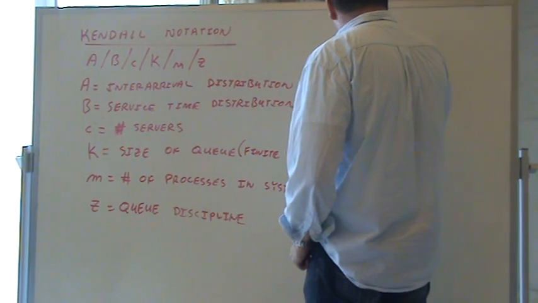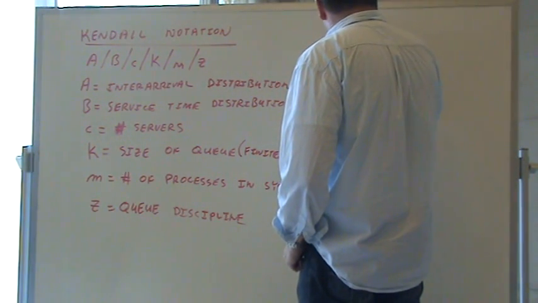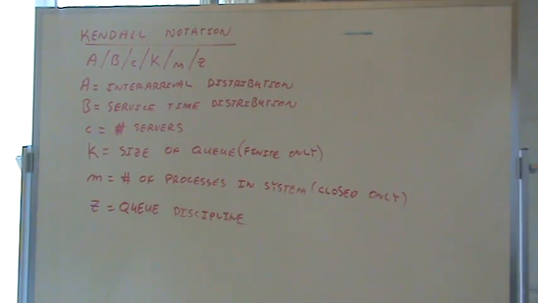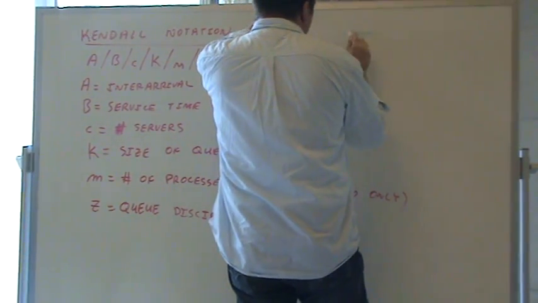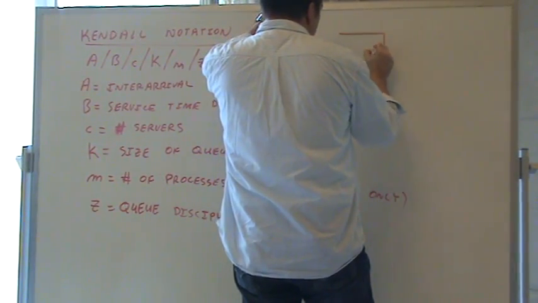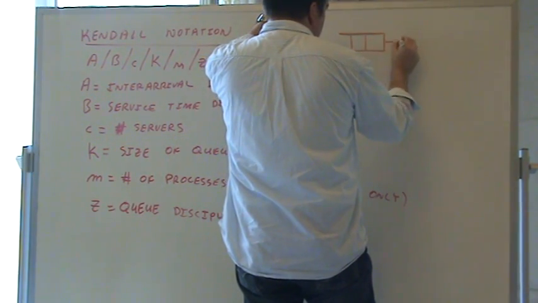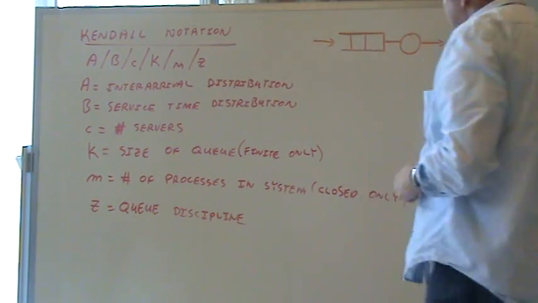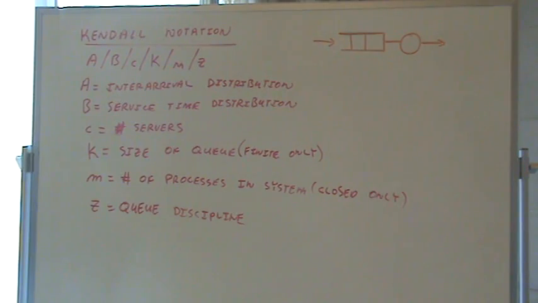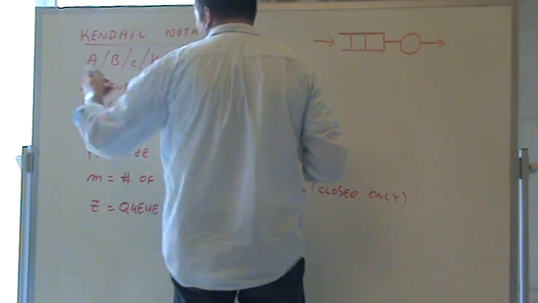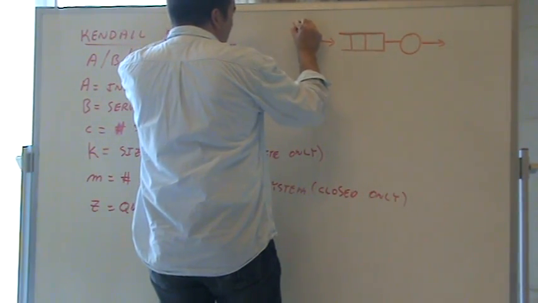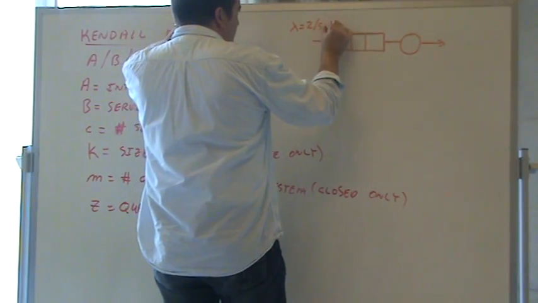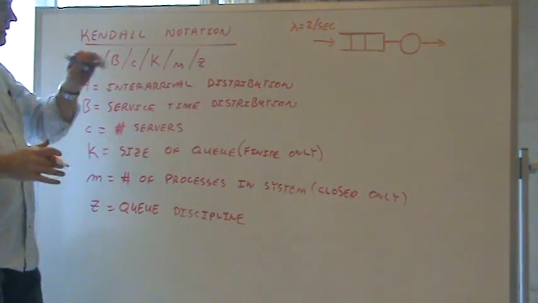Suppose we had a queue that looked like this. It's similar to the one we just had before. What I want to talk about right now is the A and the B. Jobs are arriving at a rate of 2 per second, so stuff is arriving to this queue at a rate of 2 per second.